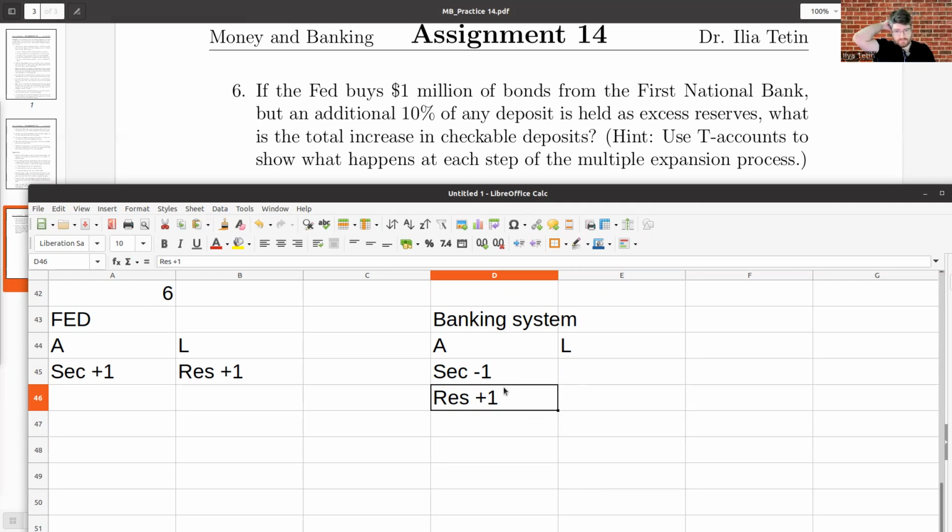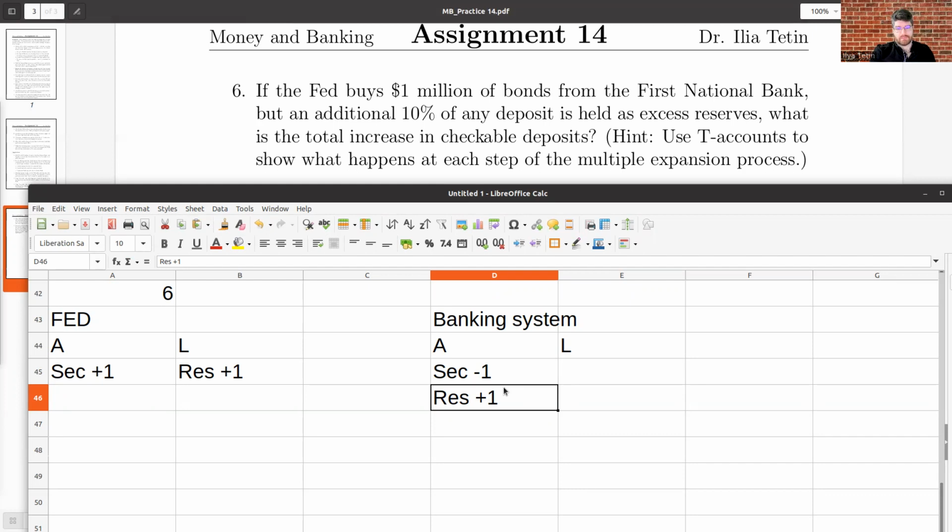how much? If there were no excess reserves, it provides 10 million. Here on each step, 10% is withdrawn. What will be here? So the bank should hold 20% of deposits as reserves.